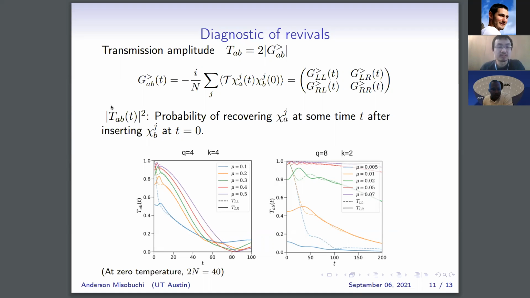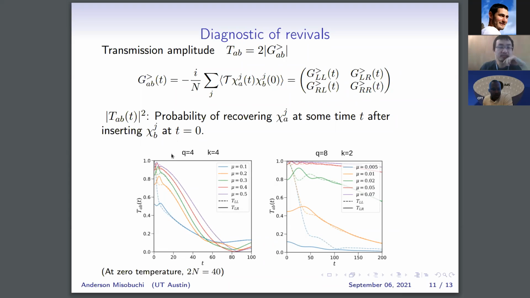So we computed this quantity for the sparse model using the regular hypergraph, first at zero temperature, so we are just looking at properties of the ground state. And we didn't find the expected behavior of an oscillatory transmission amplitude with minimums and maximums of T left-left and T left-right.